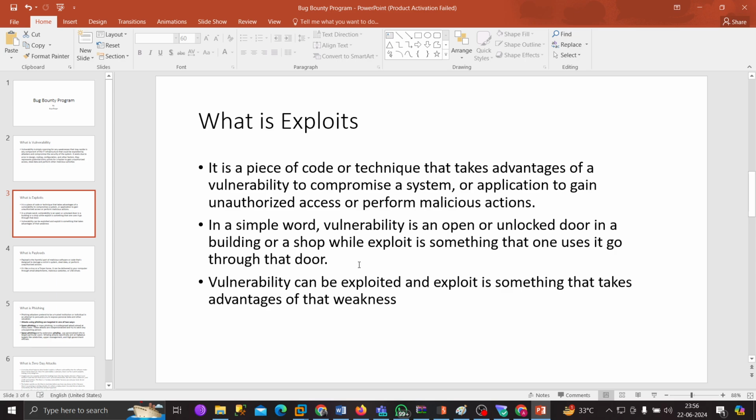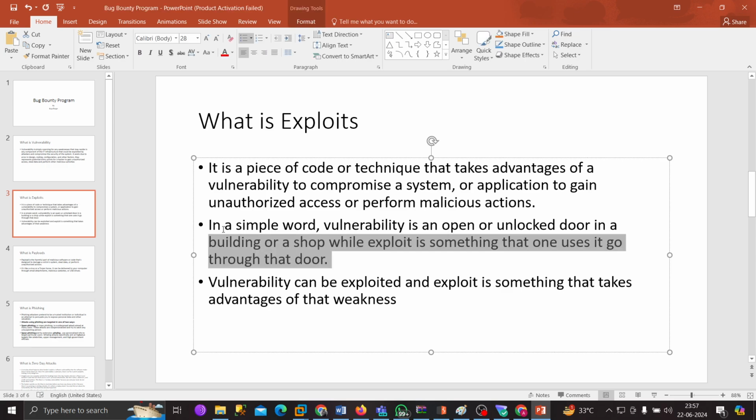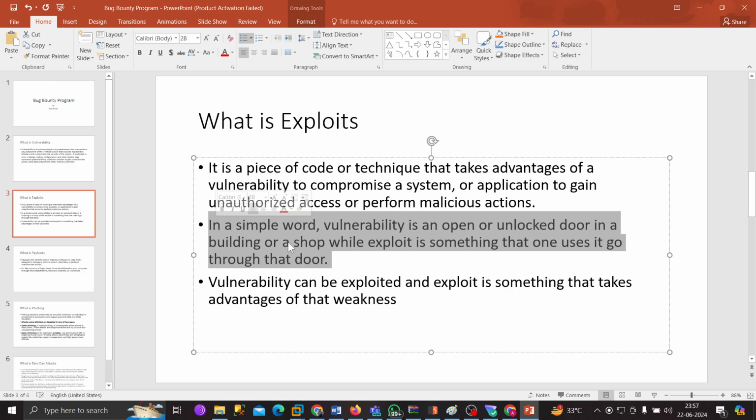Now I can find that there is a loophole in the website, an open door, and I can just go through and exploit your system. This is the very basic difference. So the open gate is the vulnerability, and the process or the things that we use to get into the system or the house or the shop, that will be the exploit, right? So these are some basic differences between exploits and vulnerability.